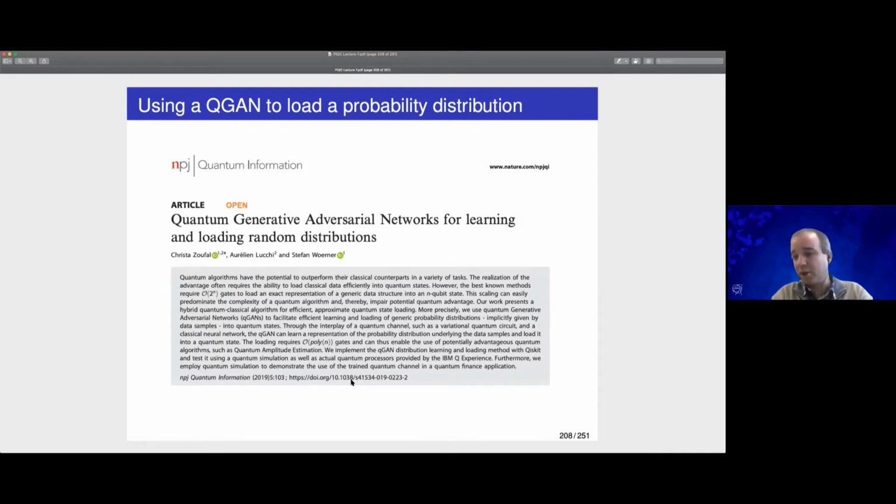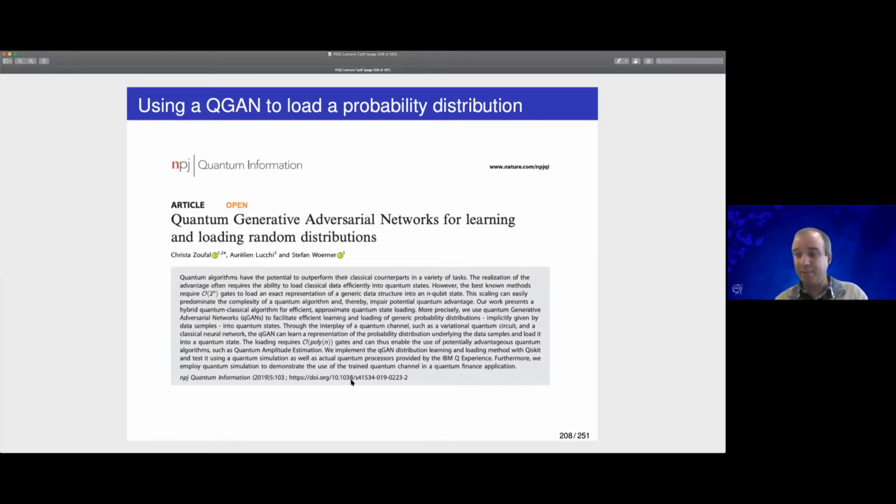In this case, it's not images, although there are proposals to use this to generate images, and I will show you an example. What these researchers did was to have an initial probability distribution, and then to learn how to sample from this kind of distribution with a quantum generative adversarial network.